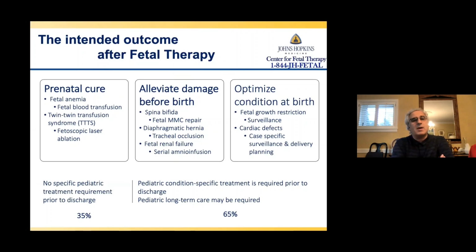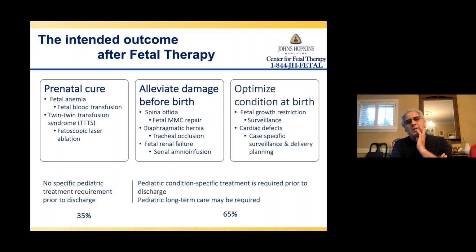One is where we're trying to prenatally actually cure the baby so that the baby is born with the same chances as a normal baby at birth. Then there are some other conditions where, in the intrauterine environment, having a lesion actually damages the baby progressively, and if you don't do anything prenatally, the baby is born with some irretrievable damage.